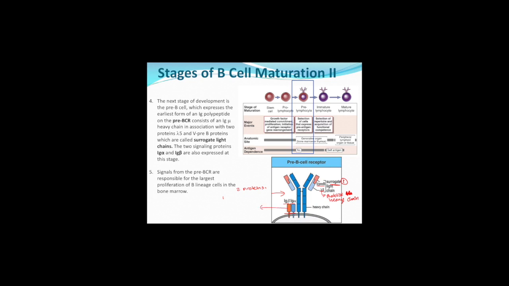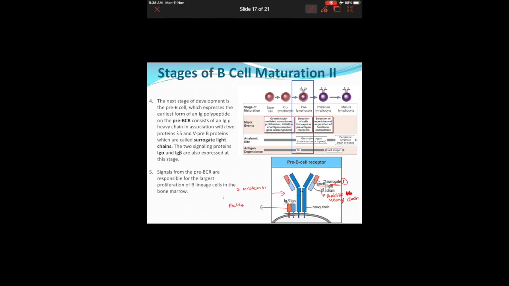Now this is an important concept, that for both the B and the T cell receptor, these receptors are just recognition structures for seeing antigens. They have too short a cytoplasmic tail to transduce the chemical signal into that B or T cell to induce transcriptional changes.